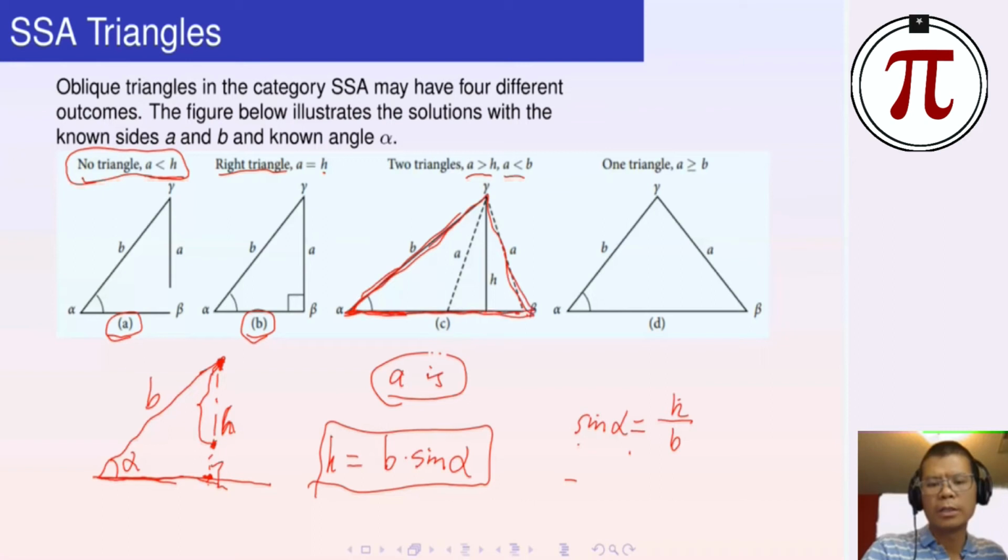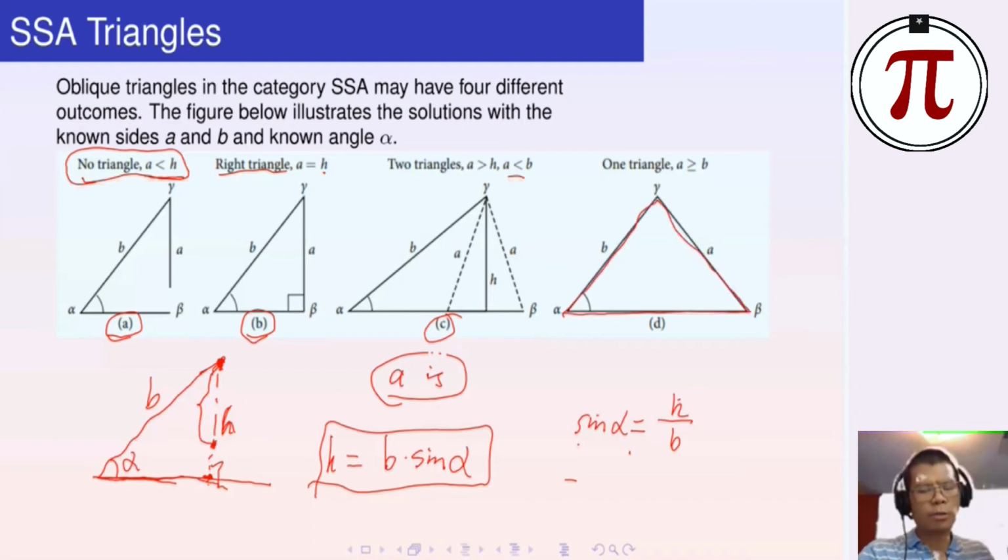As you can see from the figure, there are two possible cases when A is greater than h but less than b. So these are the two possible cases for C. Now finally, if A is greater than or equal to b, then it's just one triangle.